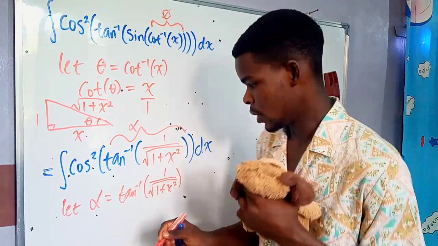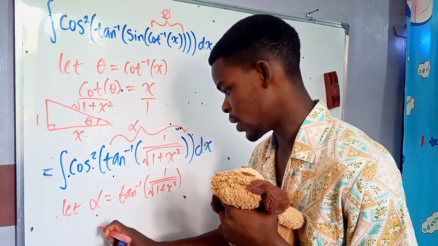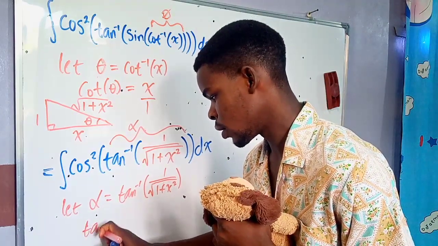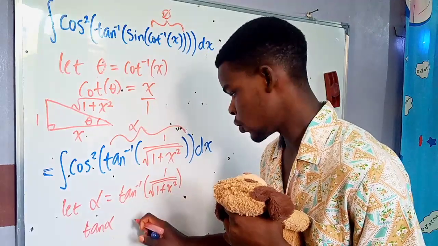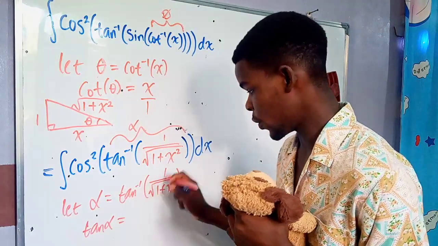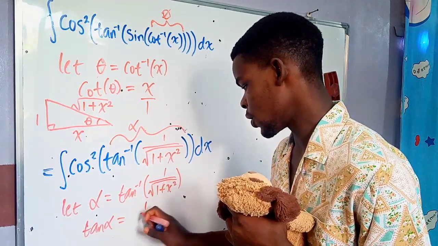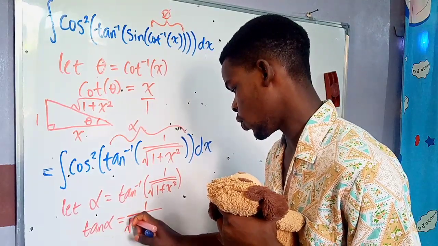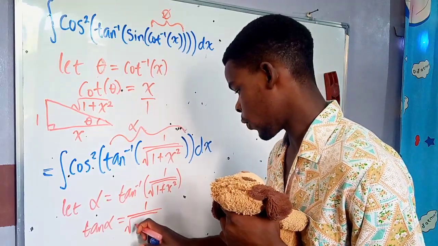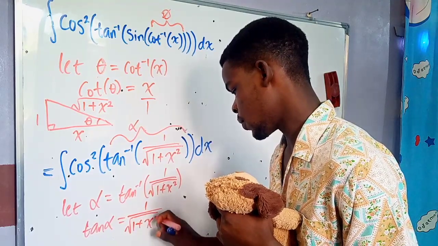Okay, that tells us that if we take the tangent of both sides, we're going to have tangent of alpha. Well, tangent of tangent inverse will just produce the original input, 1 over the square root of 1 plus x squared.